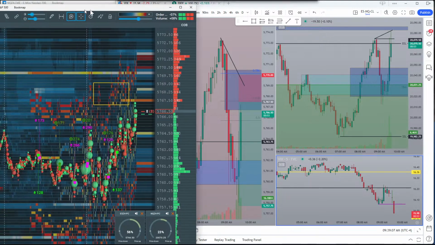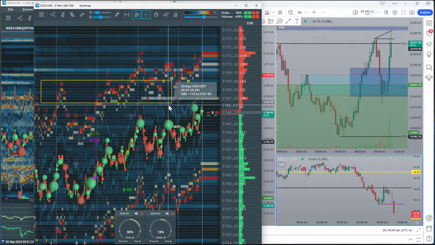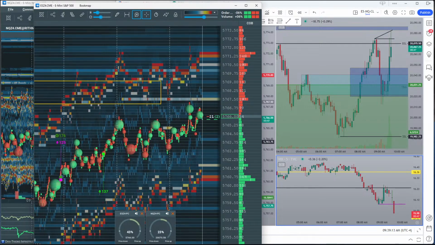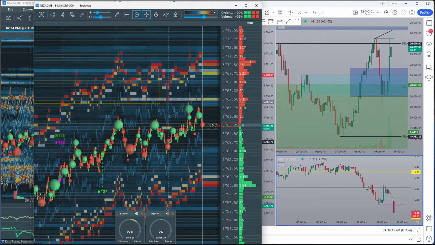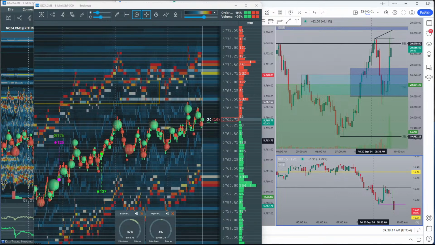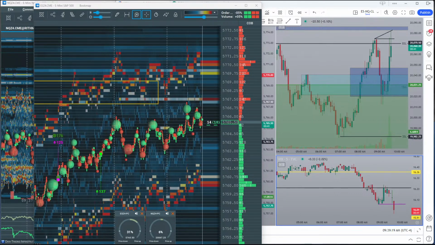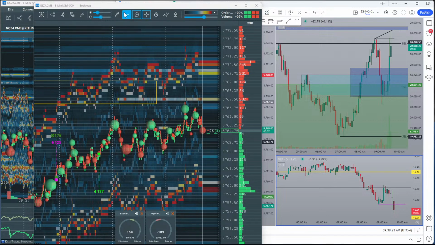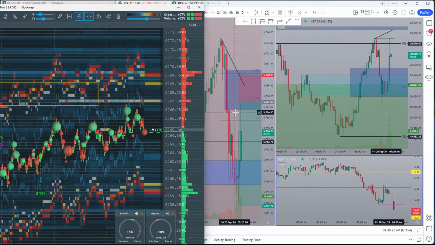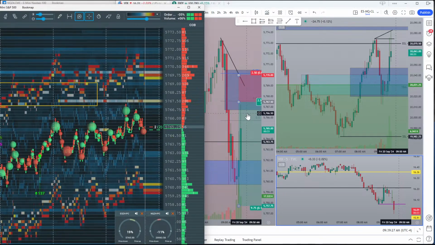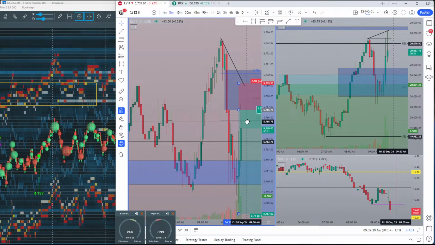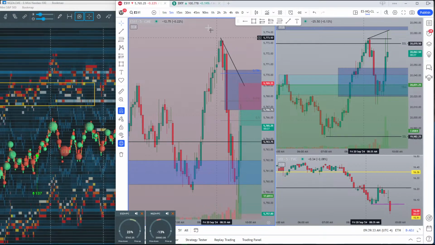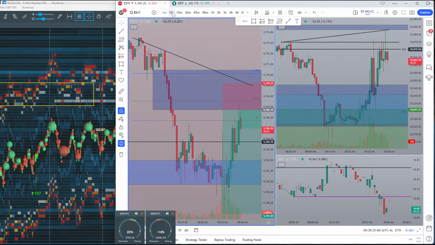It's not really giving me anything too clear though on ES to take this short, other than these buyers are pretty weak. I'm looking for ES shorts somewhere up in here. Like right now I have my entry right here in case we wick, because the problem is we missed that tap in entry.